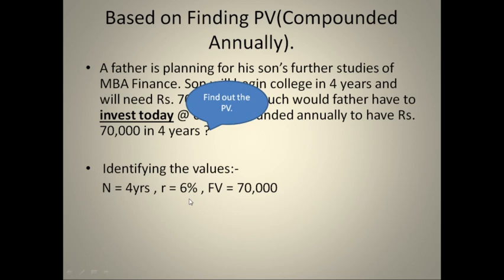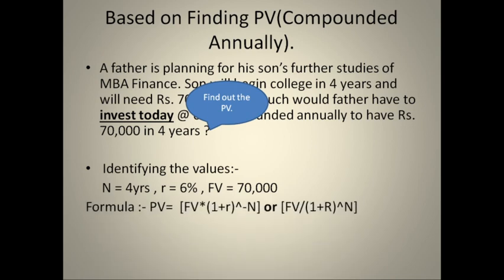So what we will do now is simply apply the formula for present value, and we had discussed two formulas for present value. The first one was FV into (1 plus r) raised to minus n, and the second one, another way for solving such type of sums, is FV upon (1 plus r) raised to n.